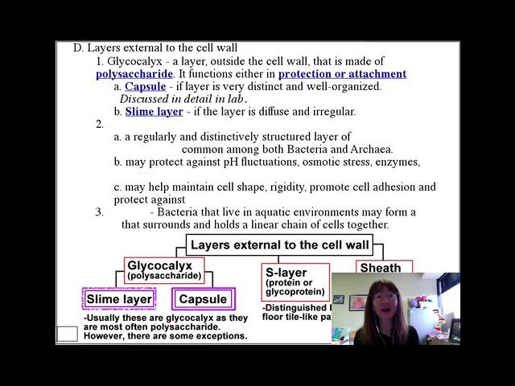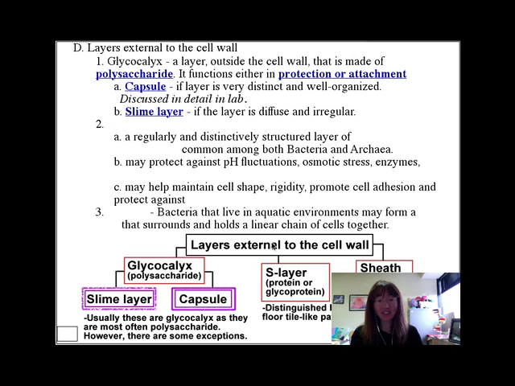Also, we'll talk about how bacteria on your teeth, which will fascinate a lot of you headed for dental school, for example Streptococcus mutans, actually adhere to your teeth by using a capsule layer that it has very well developed on the outside. So a lot of functions of glycocalyx.